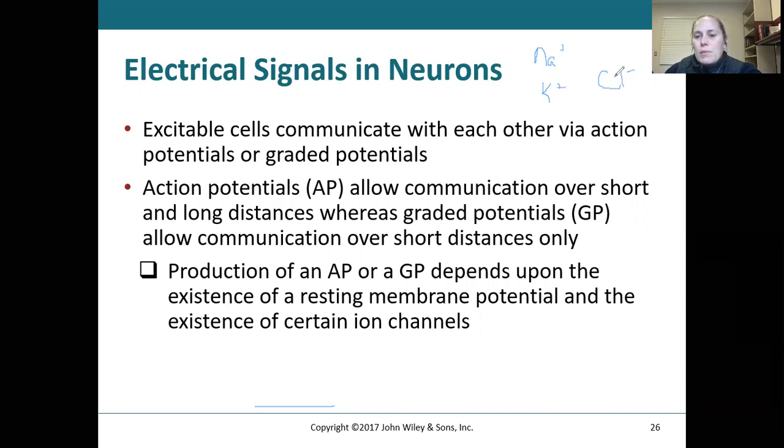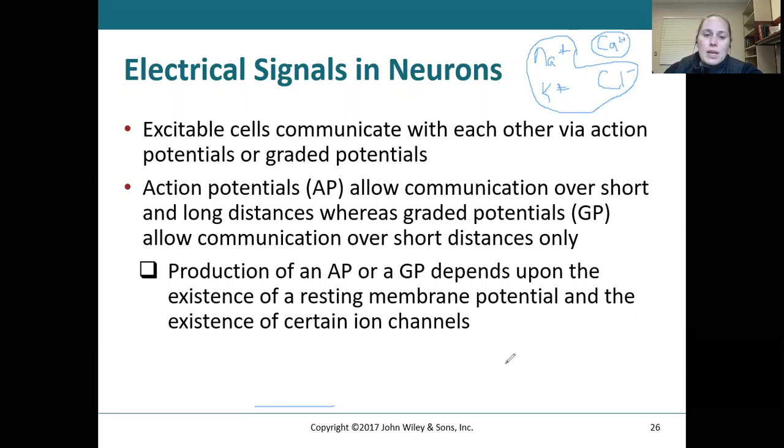These are probably the three most important cations and anions. The only other kind of divalent cation worth recognizing is calcium, but we'll get to talk about that more when we talk about synaptic transmission. But in terms of sending electrical signals, these three little guys right here are the most important to recognize, and we'll talk about kind of the movement of these.